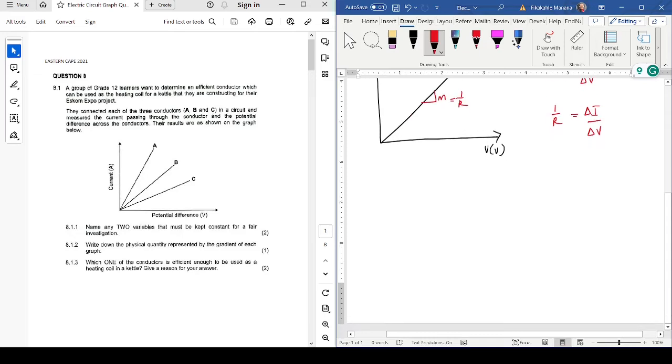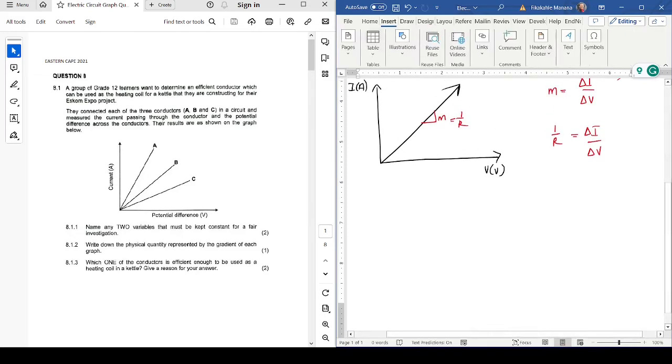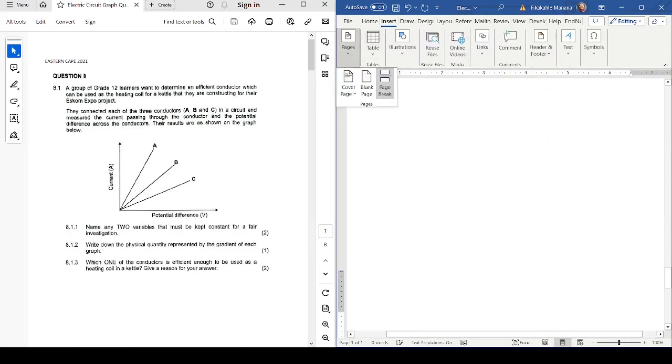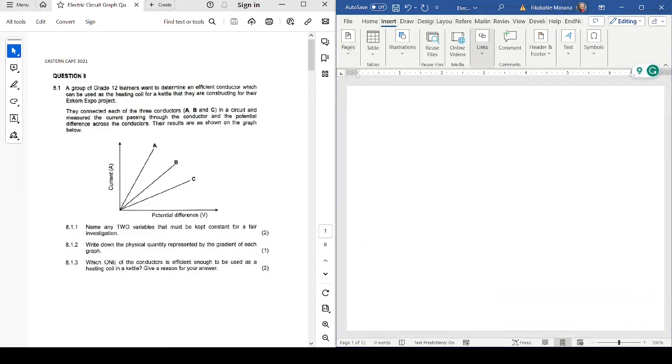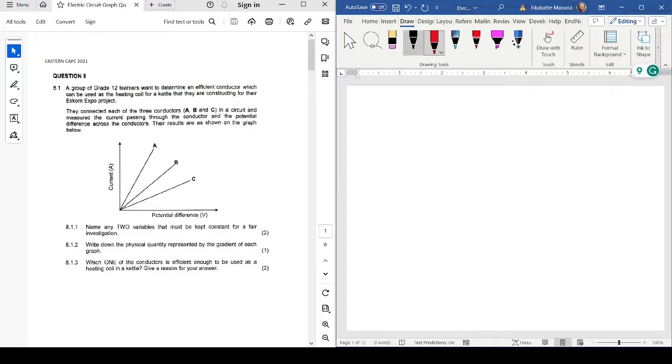Now, what if we had EMF or potential difference? This time it's not just voltage, it's probably a terminal potential difference.